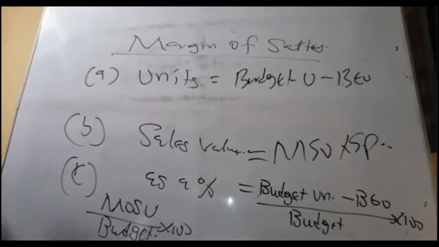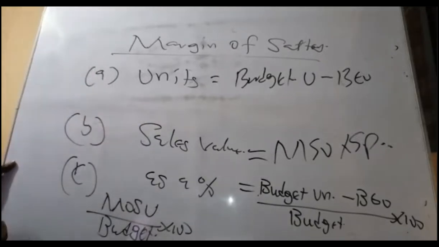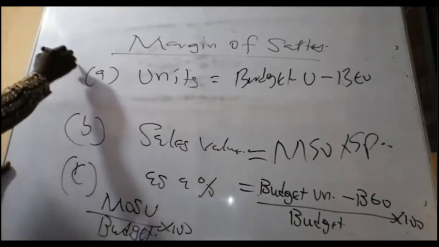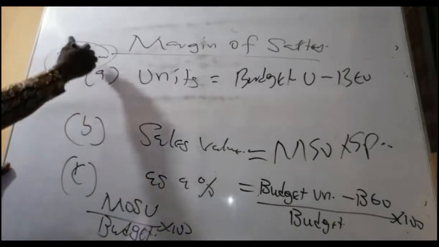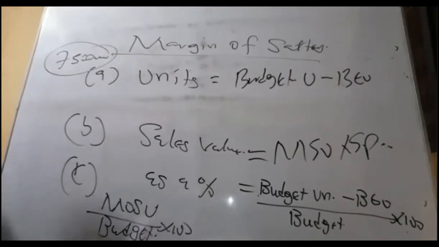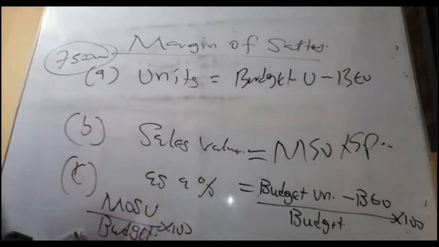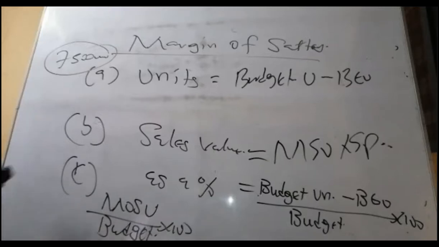So here too, let's assume that the budgeted unit is 7,500 units. Determine the margin of safety in all the 3 levels. Let's start work. Suppose that the budgeted level of output, or the budgeted unit, is 7,500.